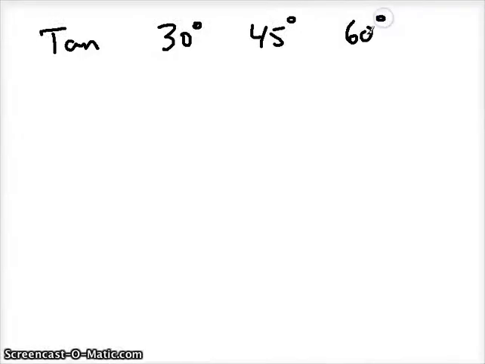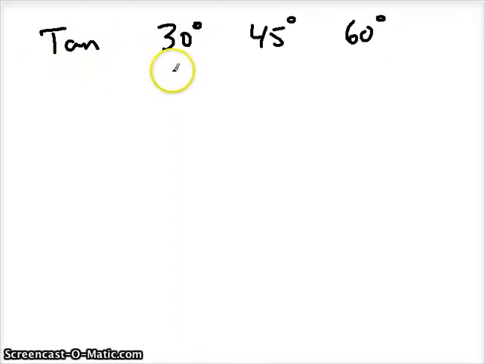Alright, the last one I'm going to do is tangent. Tangent's probably the trickiest of them. But one thing that really helps is if you know your tangent values for each of your standard intervals here. If you know the form in which tangent takes for each of these angle measurements, it makes solving tangent equations a lot easier, and just working with tangent in general is a lot easier.